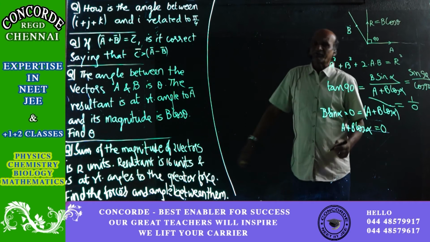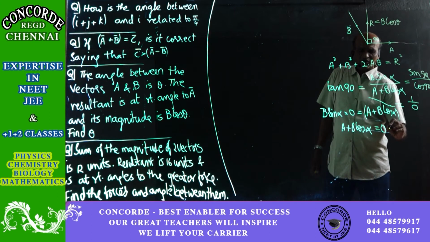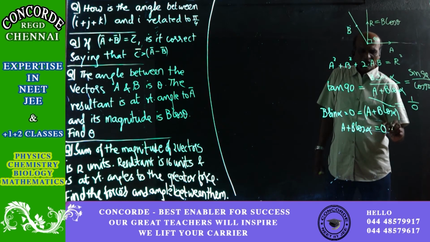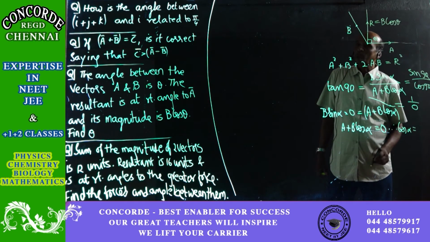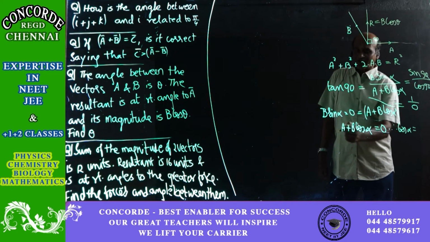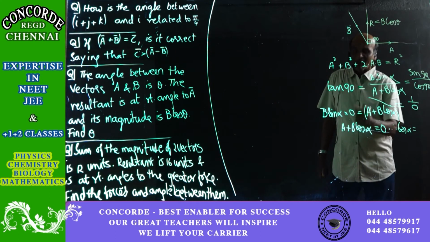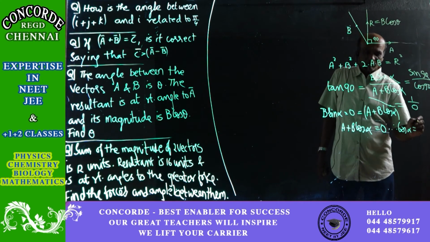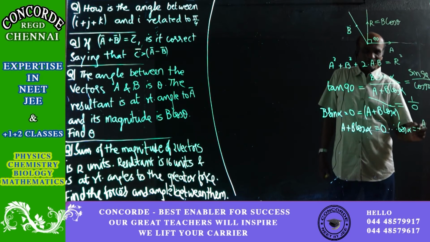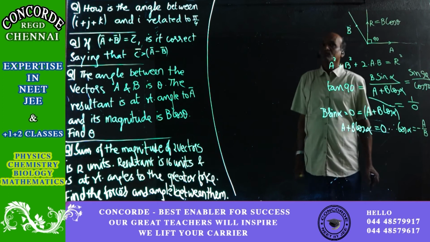So simplifying this further, we will get cos alpha. Therefore, cos alpha is equal to minus A by B. Check it up. A going the other side becomes minus A, then divide by B, and of course it will be minus A by B, which is equal to cos alpha.